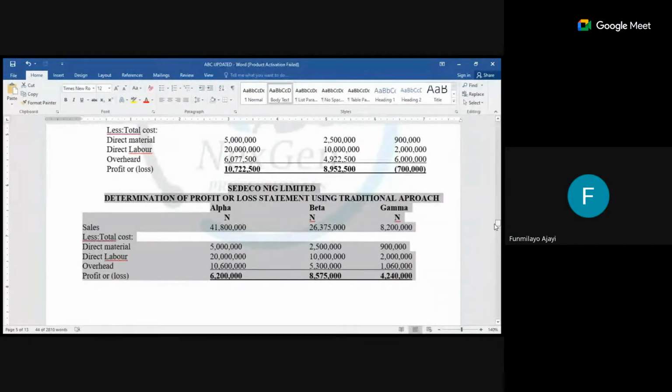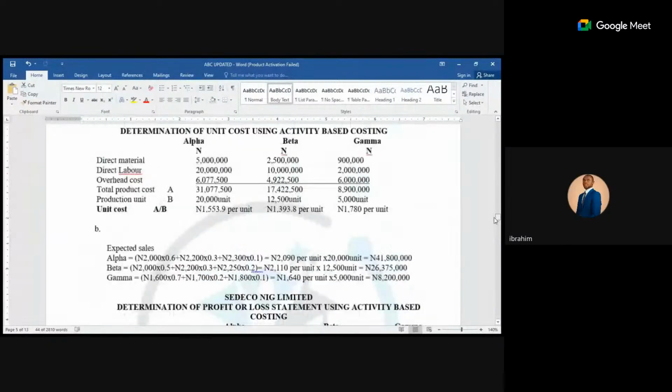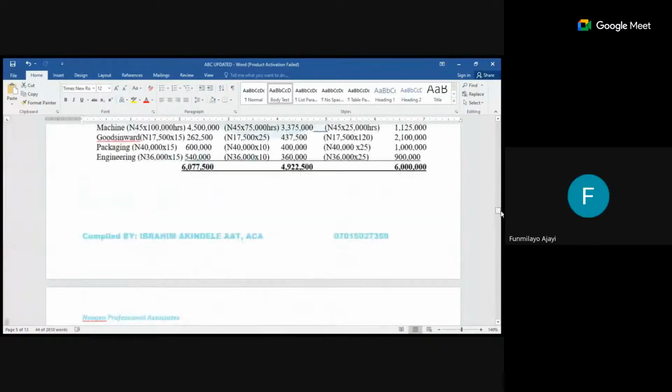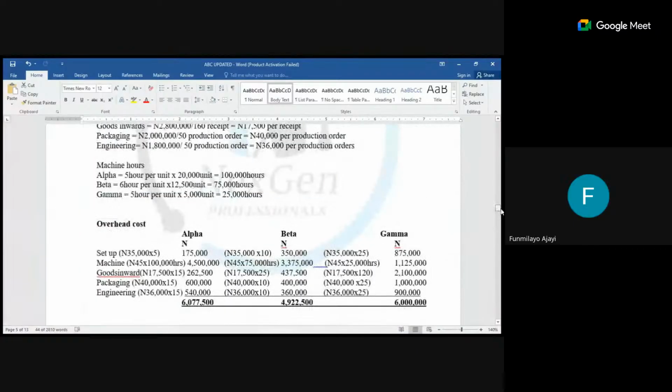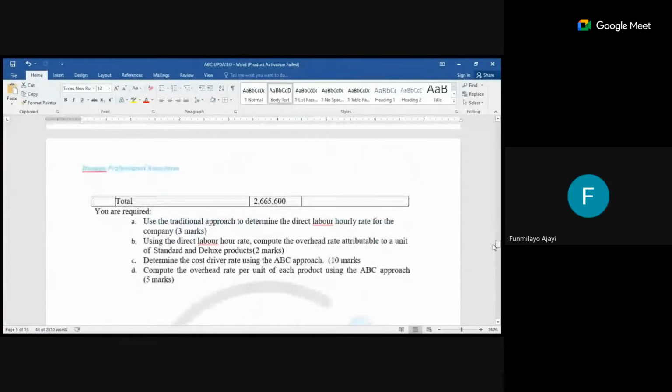How did you get that? Where is this 6.2 for Alpha in the traditional method? Of that determination of profit or loss. Okay, using the traditional method.